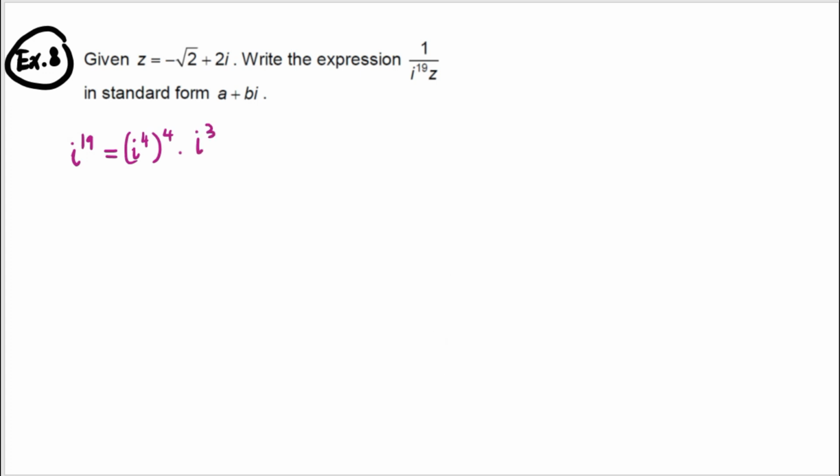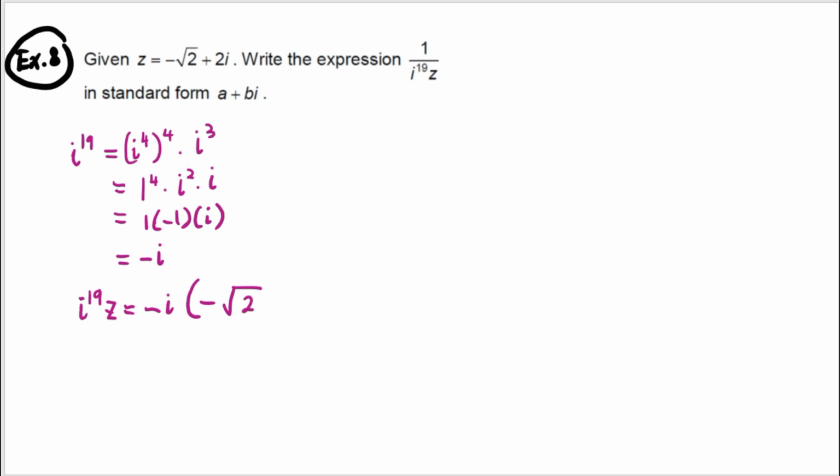Now, we know that I to the power of 4 is actually a positive 1, so 1 to the power of 4 multiplied by I to the power of 2 multiplied with I, so 1 multiplied with I square, which is negative 1, times I, so this is actually negative I. Bear in mind that I to the power of 19 is actually negative I. Now we have I to the power of 19 z, so this is negative I multiplied with z, which is negative square root of 2 plus 2I.